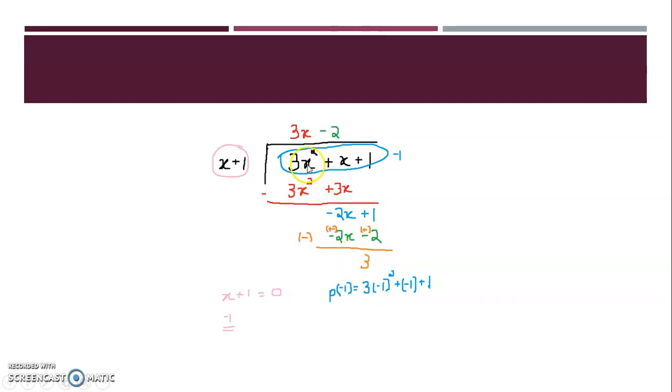So instead of x we are putting minus 1. So we have 3 into minus 1 square plus minus 1 plus 1. So minus 1 and 1 will become 0. Minus 1 square is 1. So this is 3 into 1. See, can you see that it is the same as the remainder here?